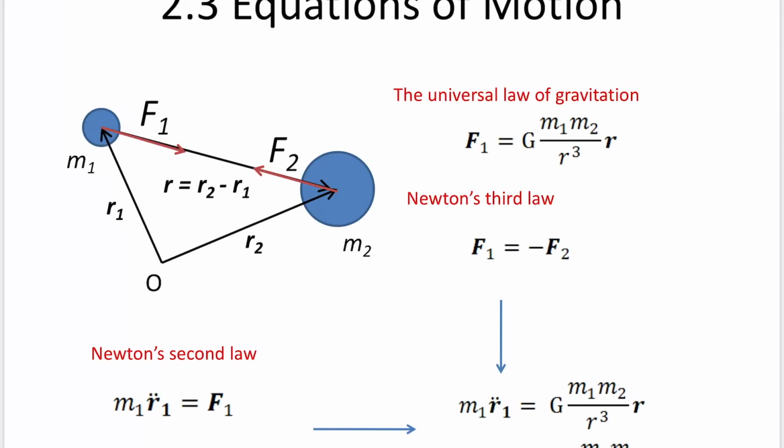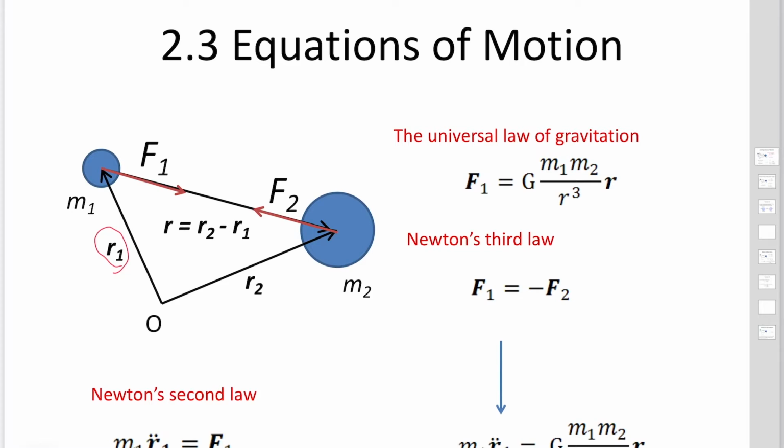In this section, we'd like to write the equations of motion of the two objects. The position vector of the object m sub 1 is r sub 1, and m sub 2 has a position vector of r sub 2.